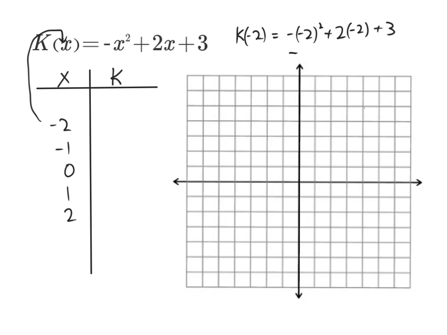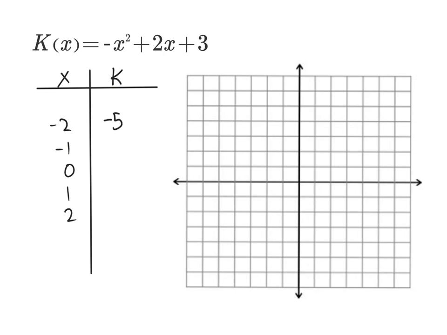So this is going to be negative 4 minus 4, because 2 times negative 2 is negative 4, plus 3. So that's negative 8 plus 3 is just negative 5. So when my input is negative 2, my output is negative 5. So I'm going to put negative 5 right here.